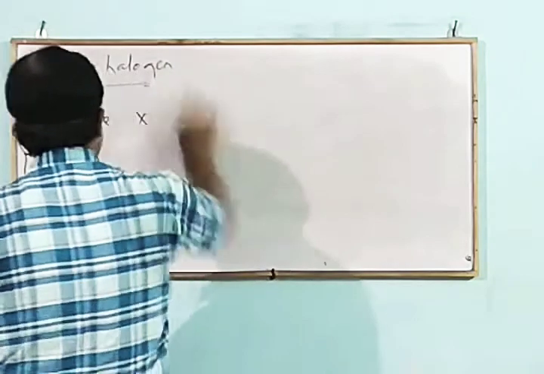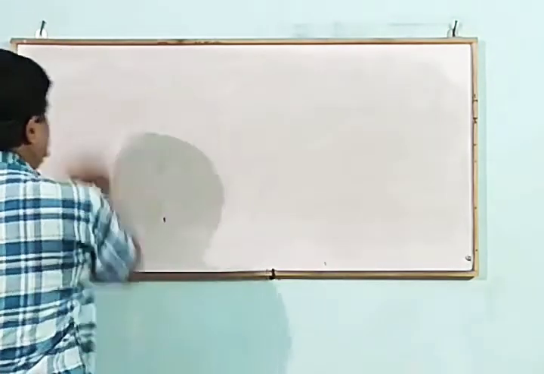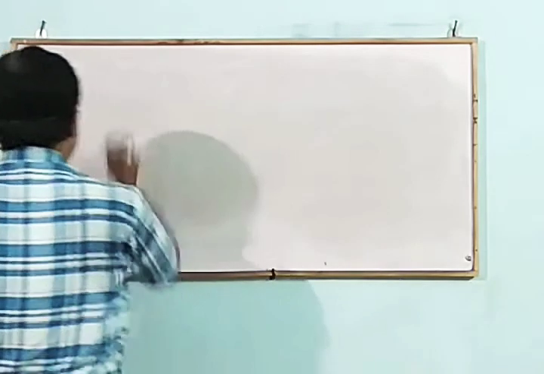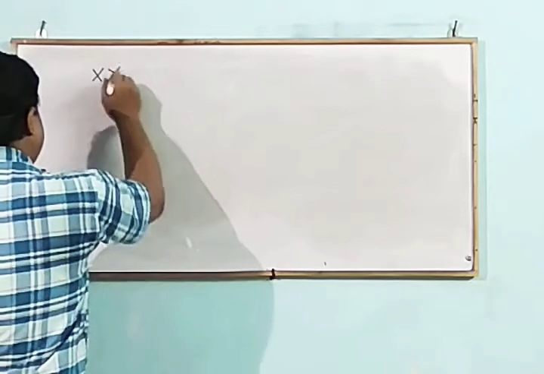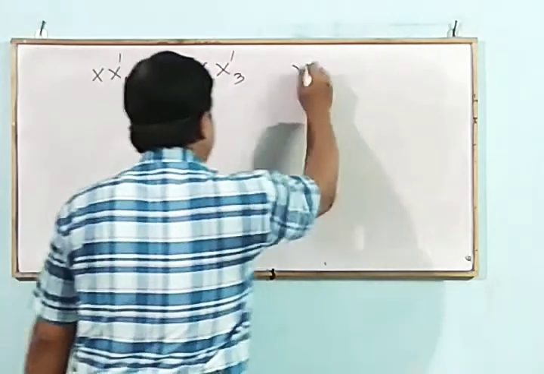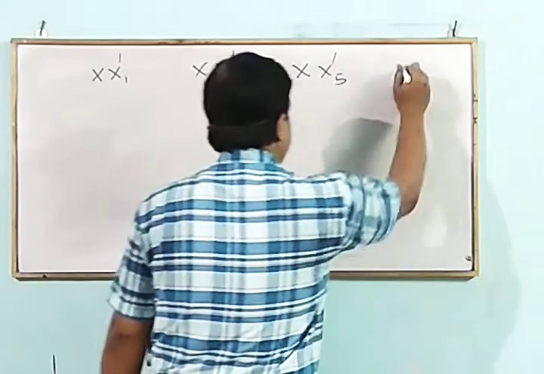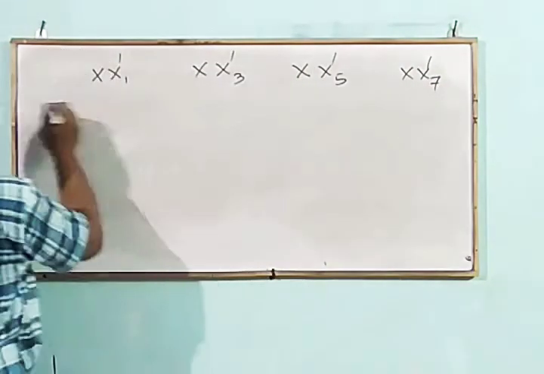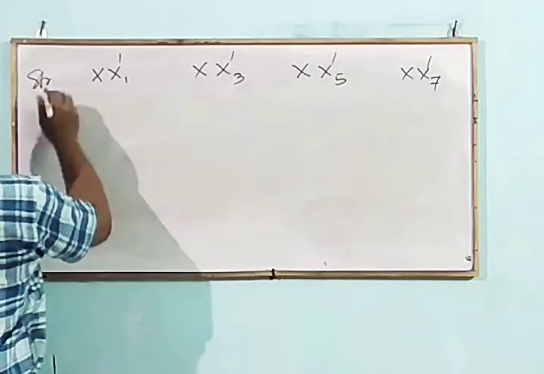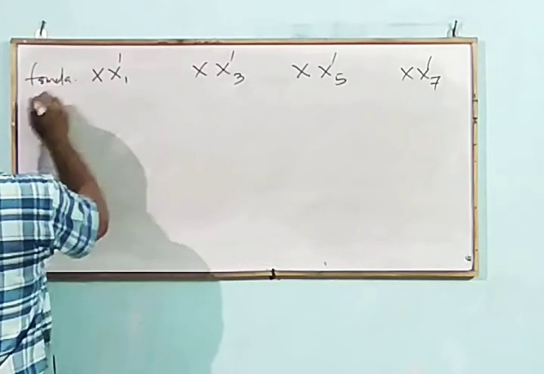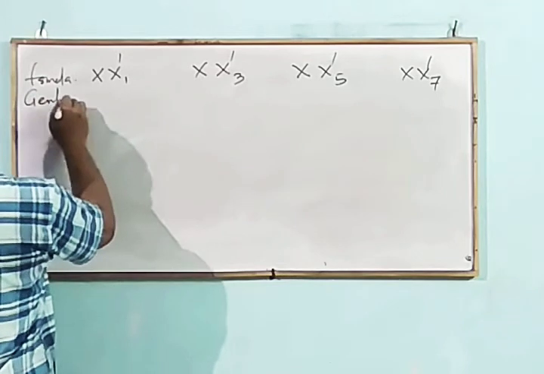We represent them in the form of a table. That is XX'1, XX'3, XX'5, XX'7. It is the structure. Then it is the formula, then geometry.